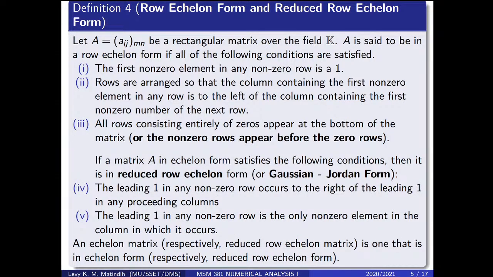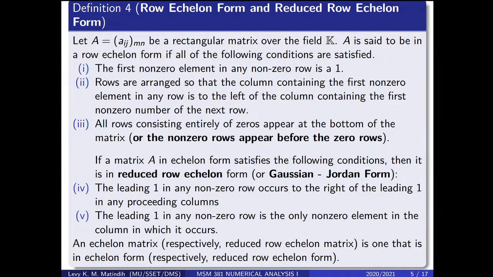Now, we have what we call a row echelon form. Every matrix can be converted into a row echelon form and also a reduced row echelon form. There is a row echelon form and a reduced row echelon form.